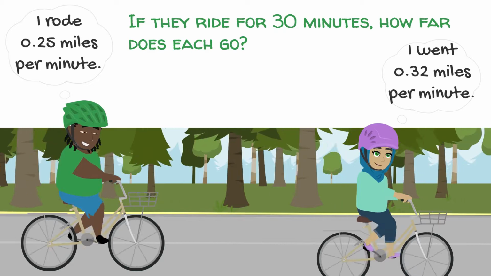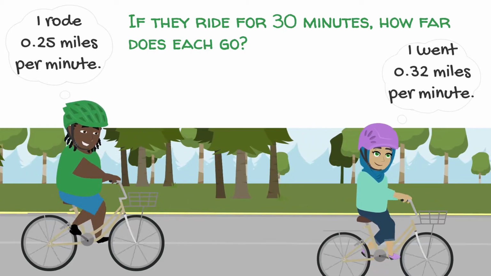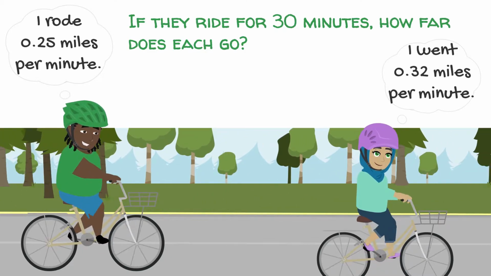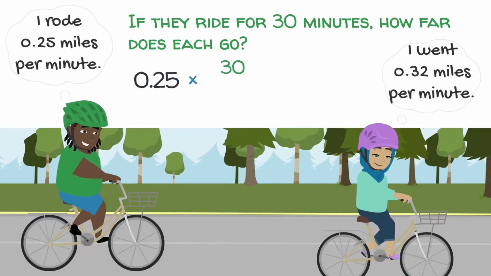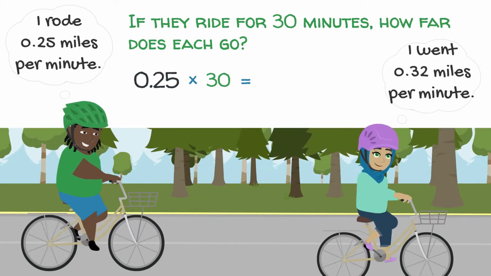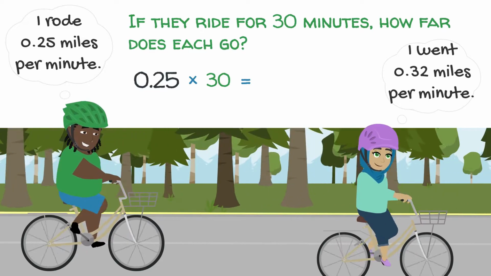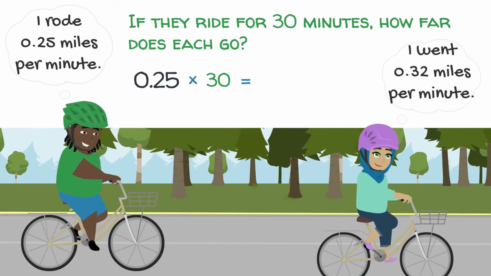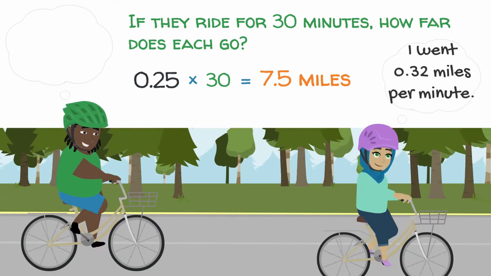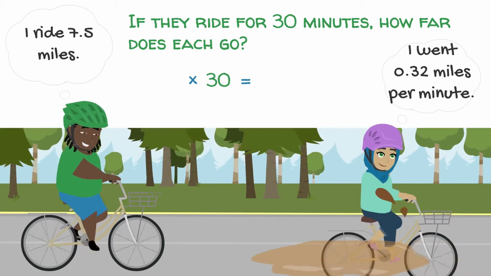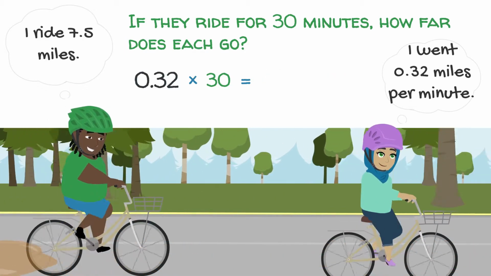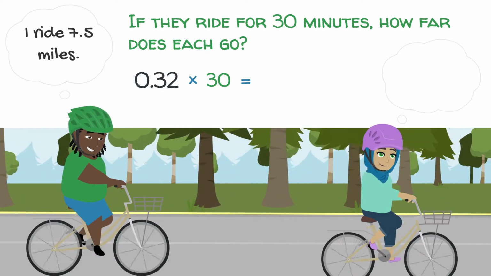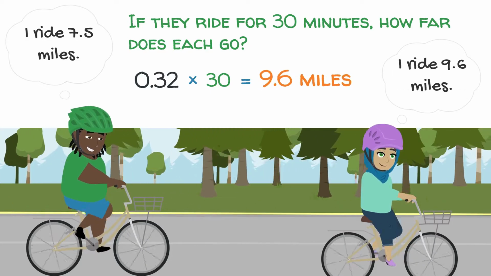To find out how far Kaji will ride, multiply his speed of 25 hundredths by the time of 30 minutes. 25 hundredths multiplied by 30 is equal to 7 and 5/10 miles. For Rania, multiply 32 hundredths by 30 for a result of 9 and 6/10 miles.